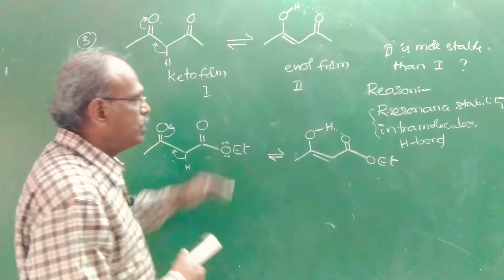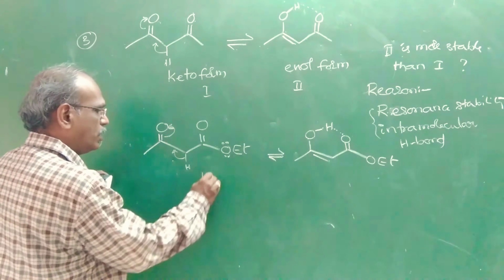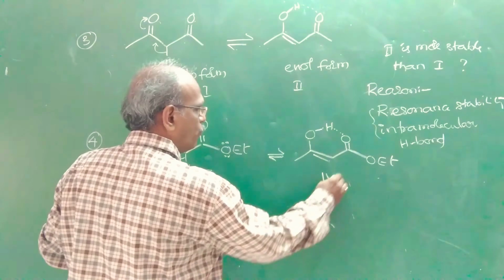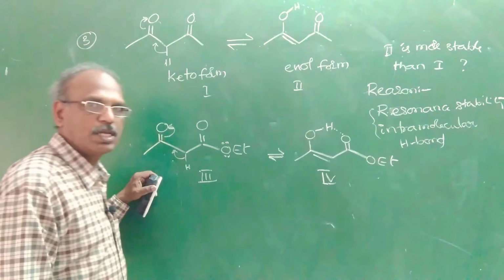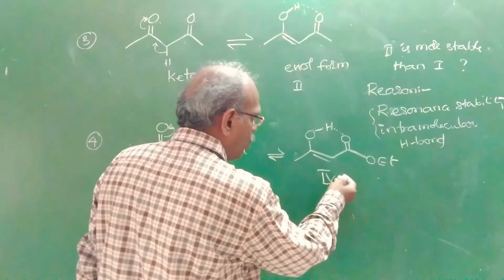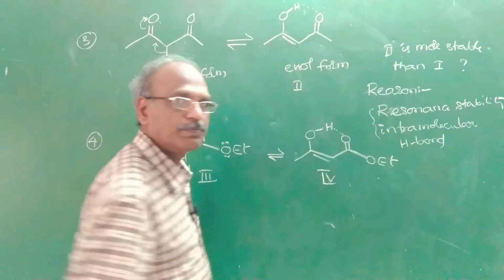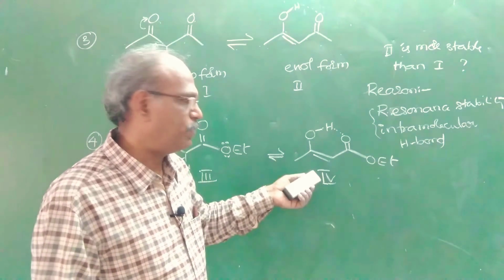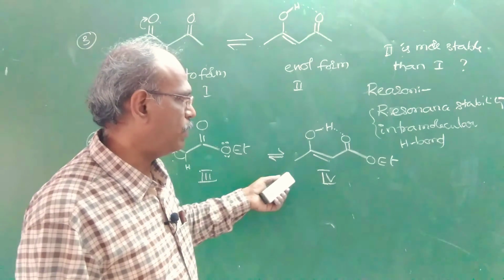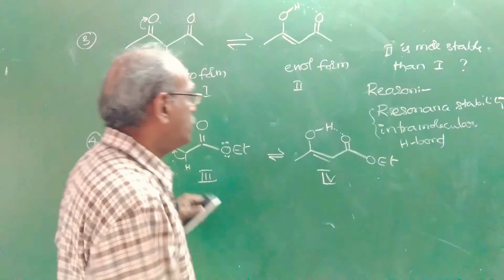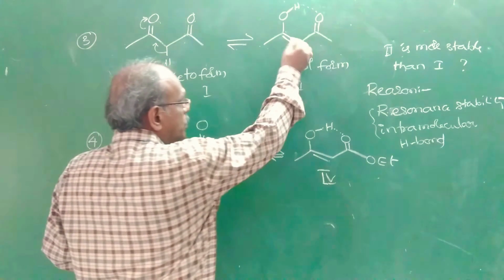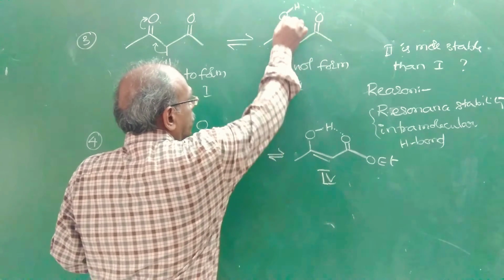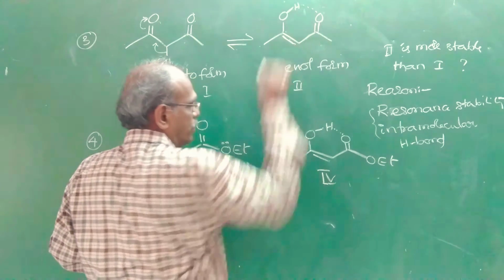But if you compare, let it be 3 and 4, its enol form is less. Enol percentage is about 7% or so if you look at the experimental values. Why? As I told you, this enol system is stabilized by resonance.